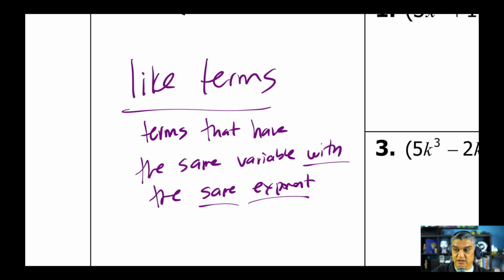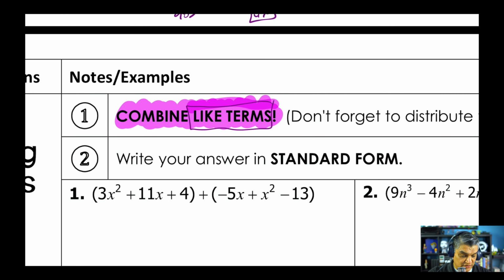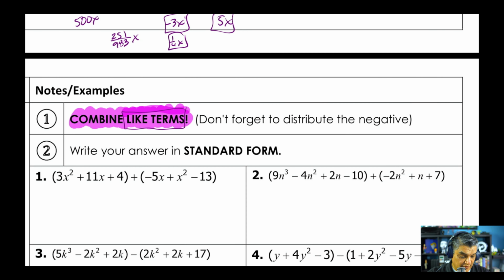It's put in parentheses. So the first thing it says right here is don't forget to distribute the negative. So if there's a minus outside that grouped polynomial, you've got to distribute the negative before you combine.